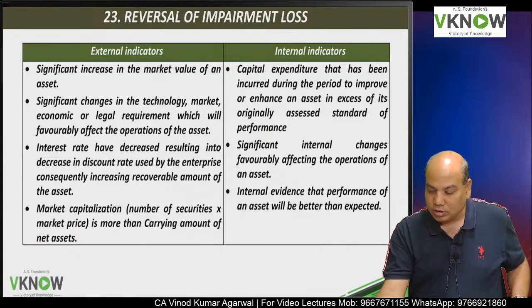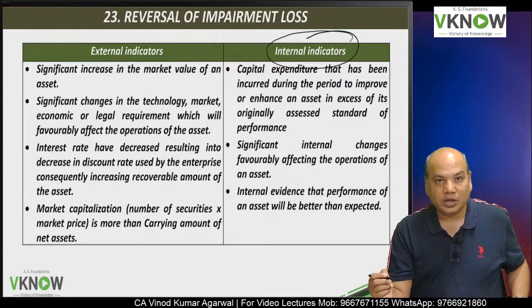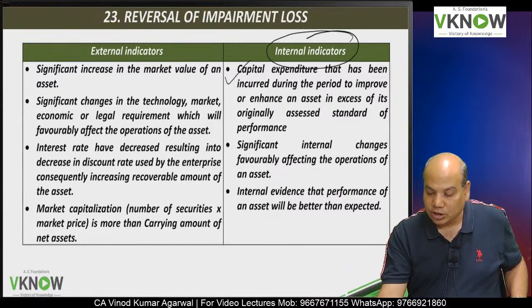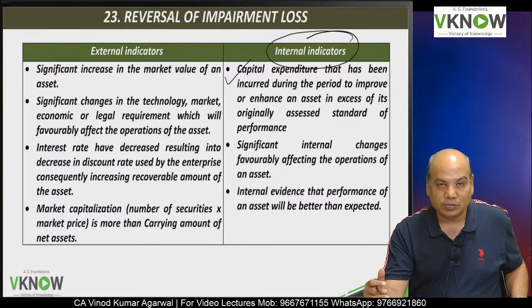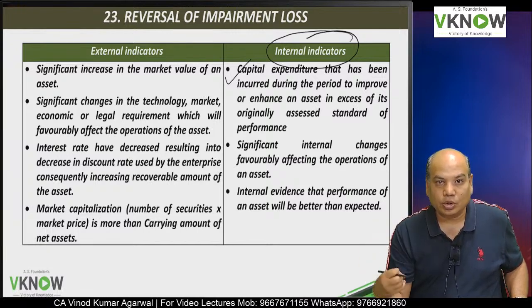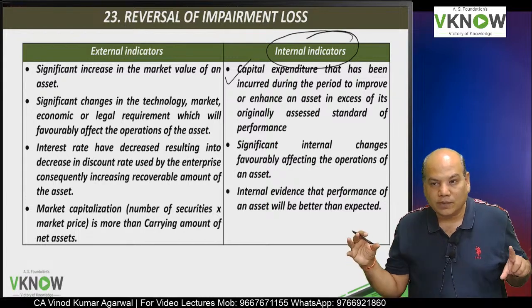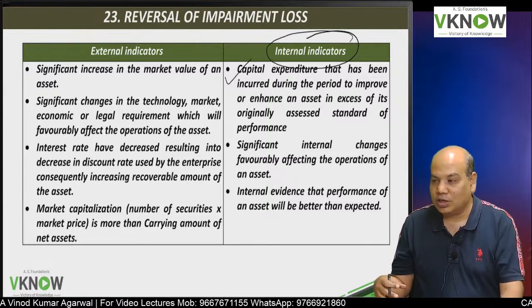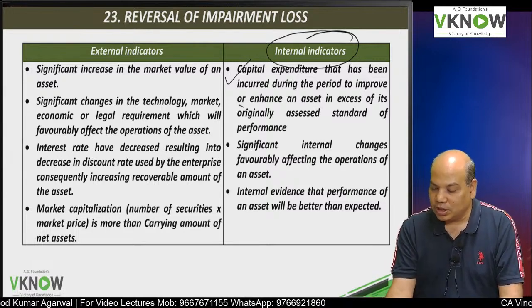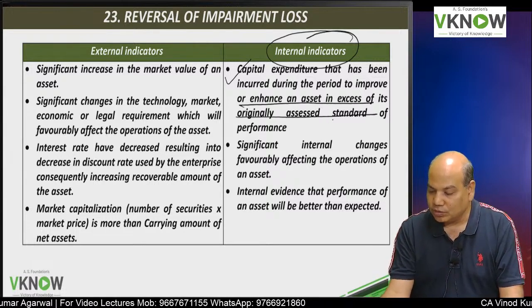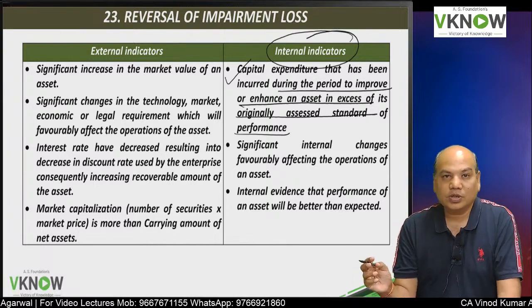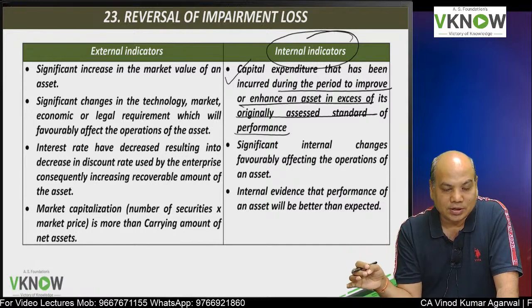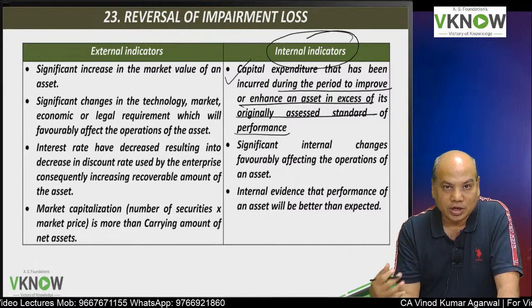Next point, you can get indication from internal sources also, from within the organization. You have undergone capital restructuring or capital expenditure, modification. So you have modified your asset, restructured your asset, put more money on that asset and enhanced its capacity. You have improved the condition of that asset by incurring capital expenditure, which means now the asset can generate more output.